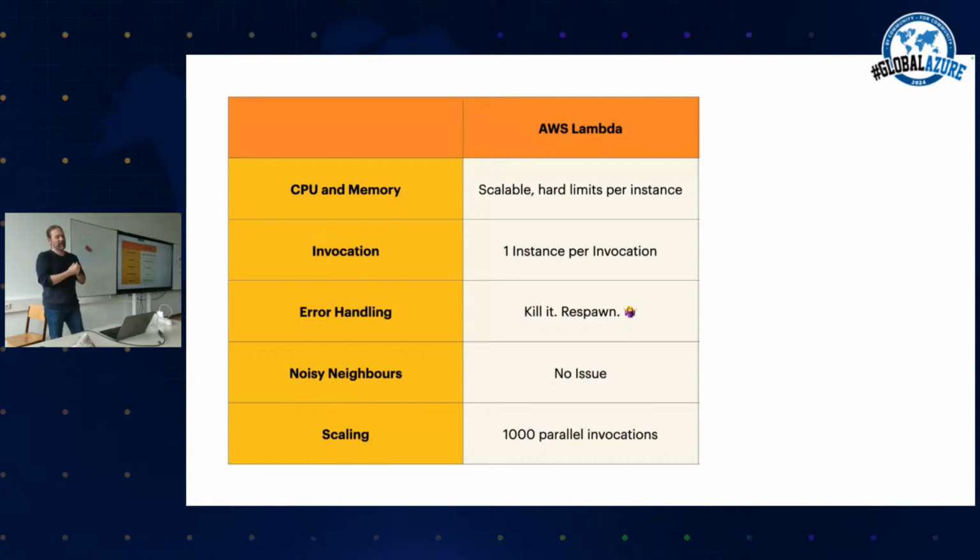Which means that instead of having a couple of servers, I don't know how many, which handle a lot of requests, you have tiny, tiny, tiny instances that handle just one request, one at a time. Which also means if you want to scale, at AWS Lambda we can scale up to 1,000 parallel invocations, which means 1,000 parallel instances. Actually, we have a contract with AWS, so we can go up to 3,000, but that's a detail.